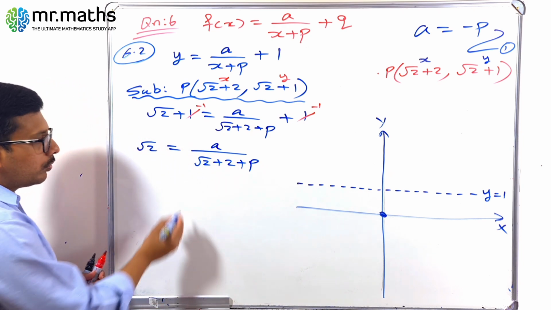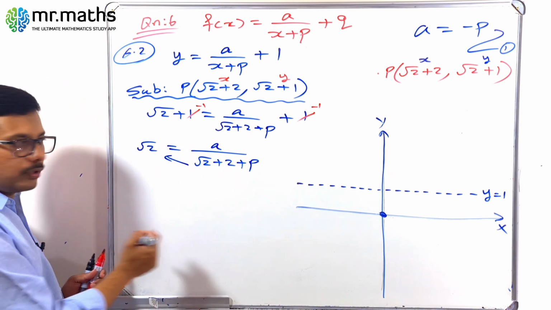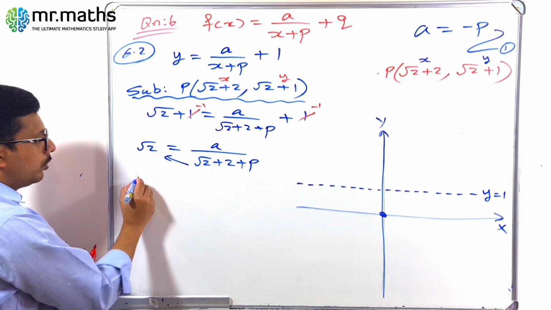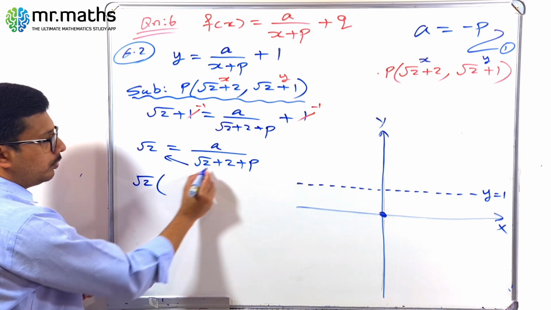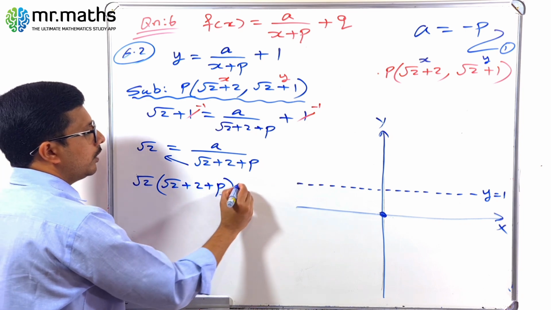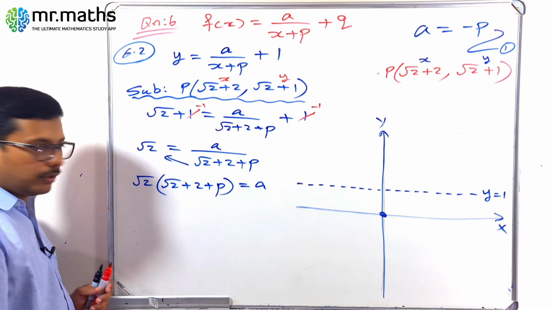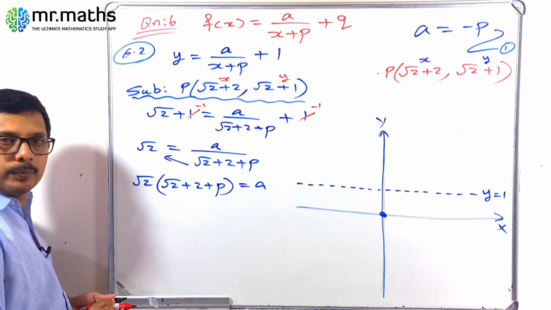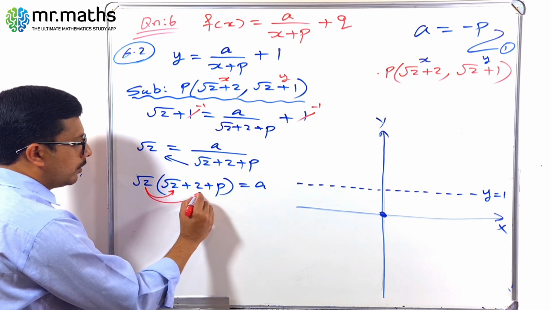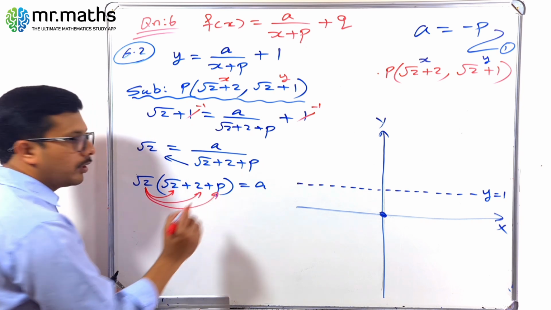Now you have to cross multiply. The whole of this thing you have to multiply with the root 2. So root 2 times (root 2 plus 2 plus p) is equal to a. Now expand the bracket, one by one, like the FOIL method.